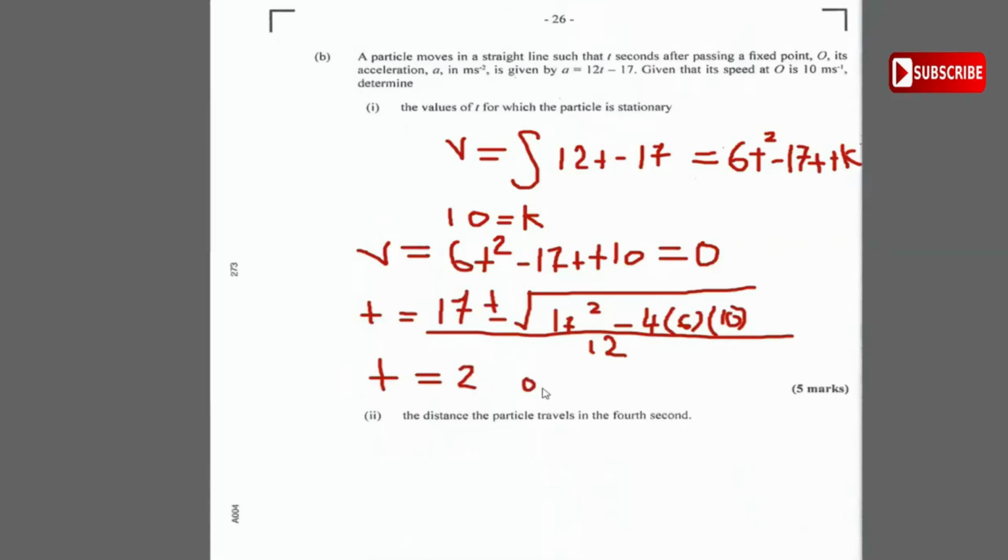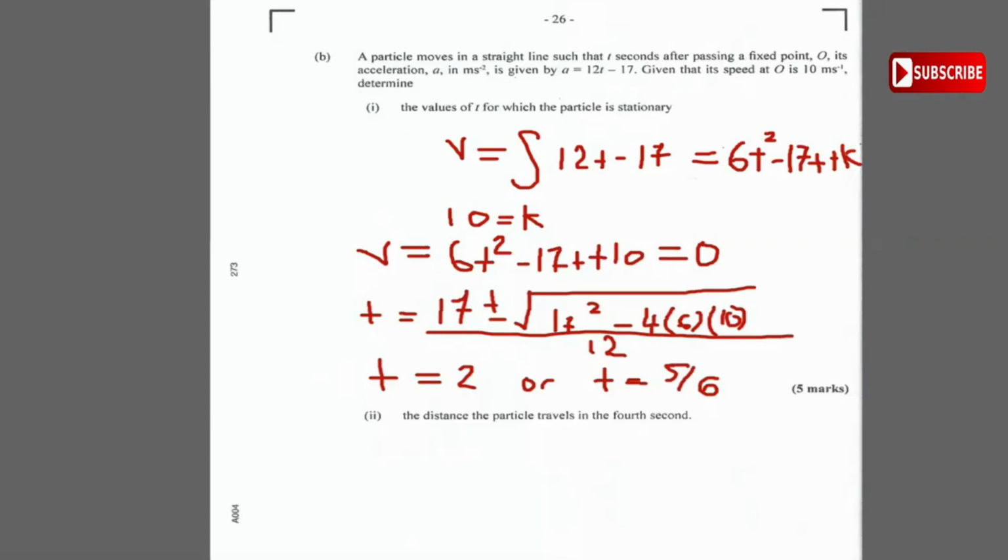Another answer is 17 minus 7 divided by 12, or t equal to 5 over 6. Those are the two answers. t is either 2 or 5 over 6. Nice and easy.